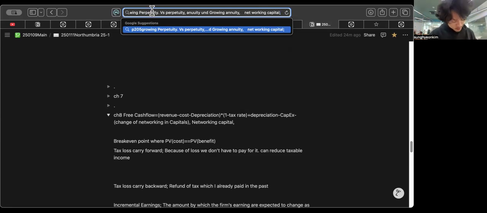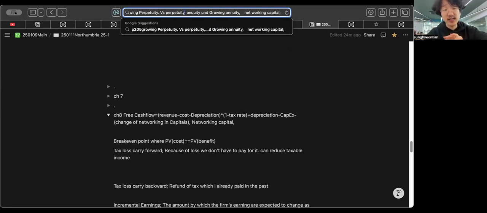And there was also a problem that was calculating using continuously growing perpetuity, which is the formula C over interest rate minus growth rate. I thought about how it is different from the perpetuity formula, which is the sum of a series, 1 plus r plus r squared plus dot dot dot.